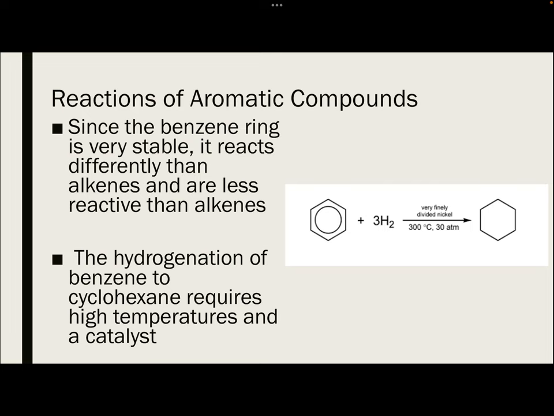Since the benzene ring is very stable, it reacts differently than alkenes, and it's also less reactive than them. What happens with benzene is it goes through a process called hydrogenation in order to create cyclohexane, and it requires high temperatures and a catalyst in order to do that.